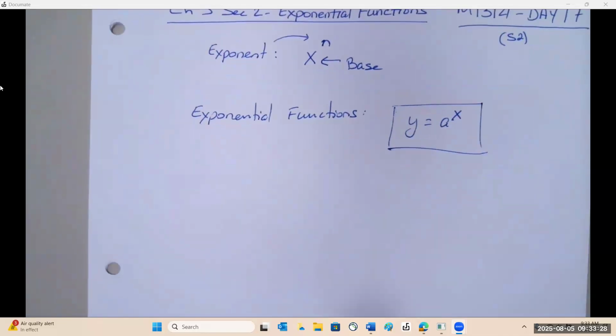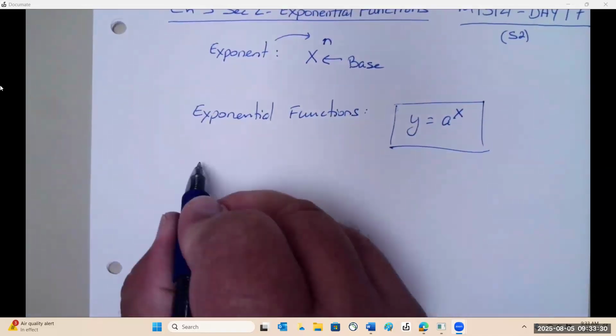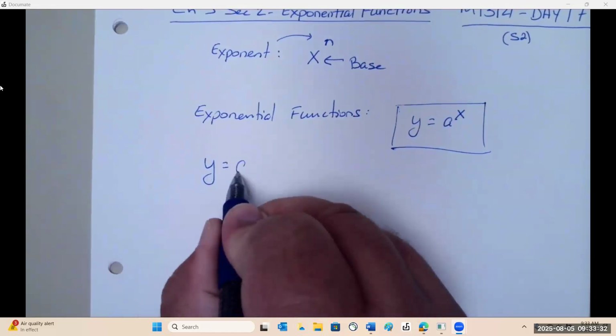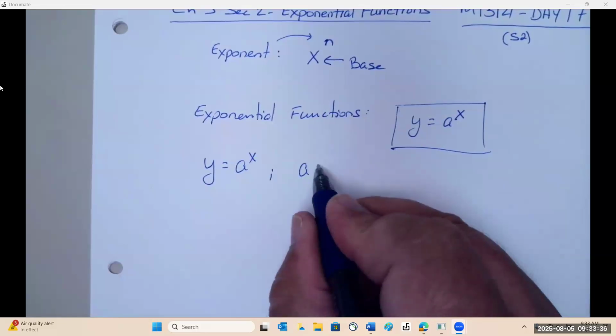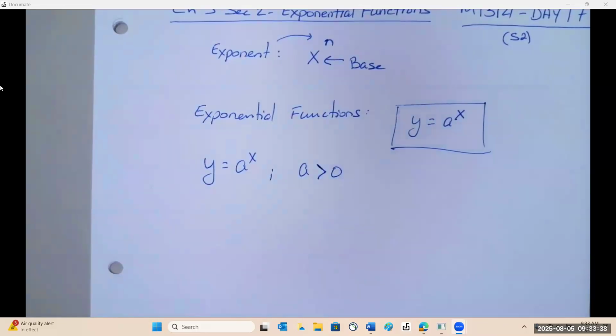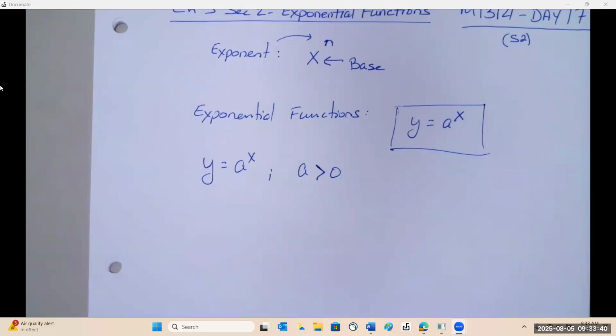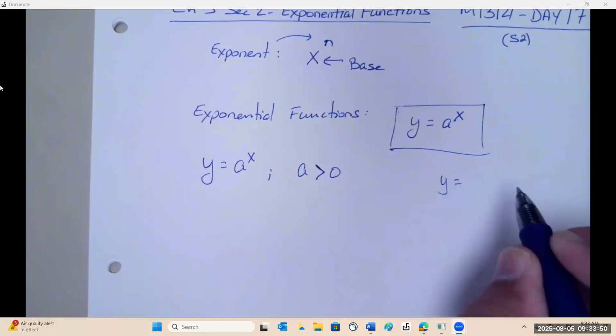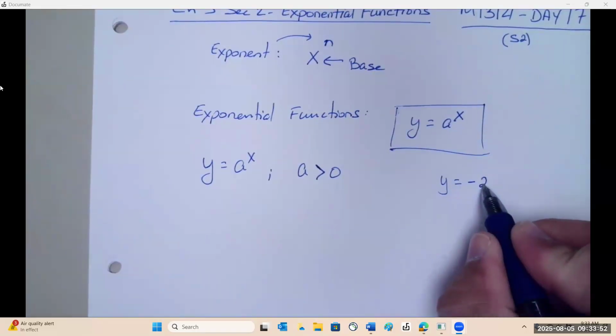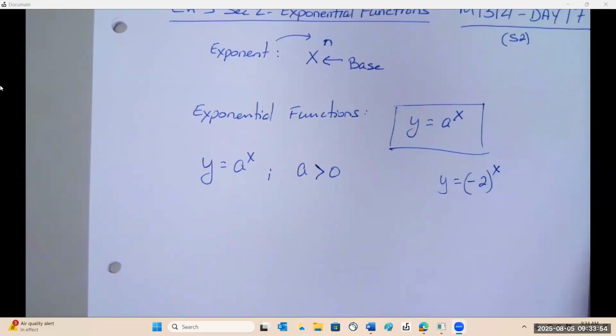But there are two stipulations here. A has to be positive. The reason for why it has to be positive: let's say we had an equation with -2 to the power x.